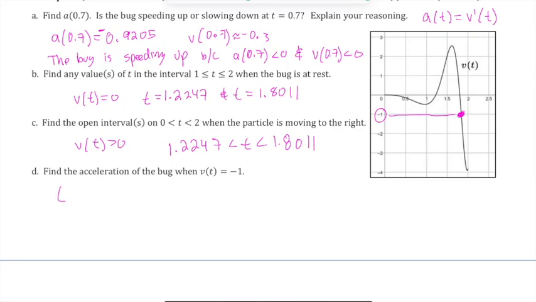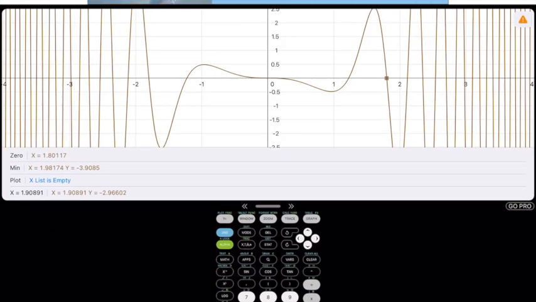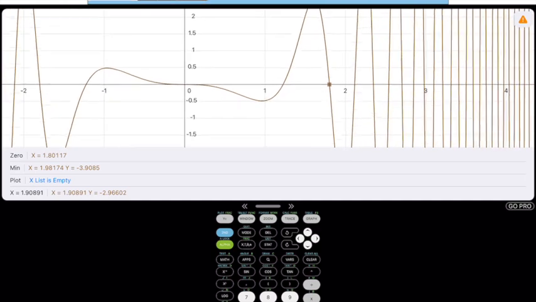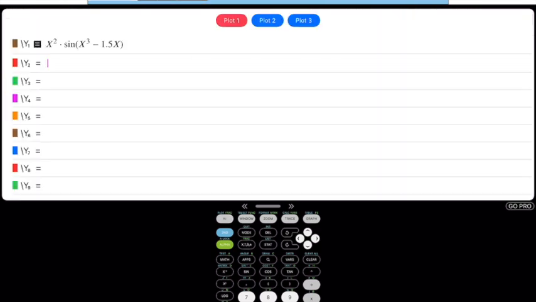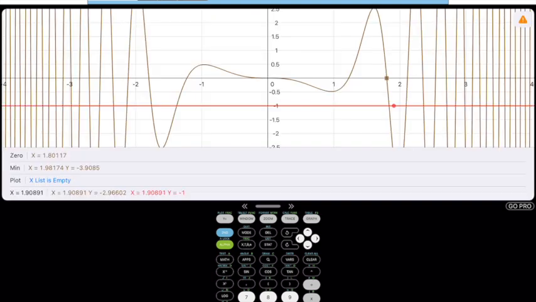So we need to find t first, and then find the acceleration at that value of t. So going back to my graphing calculator, we're going to kind of do a trick here. We're going to plug in -1 as another function. Go back to our graph. And we can see that it intersects there.